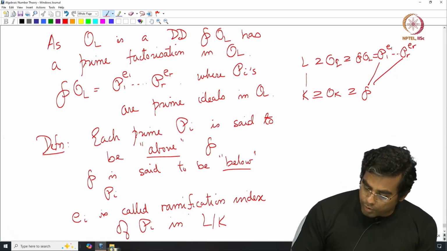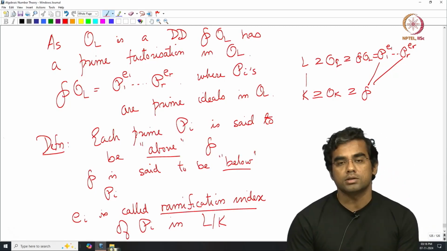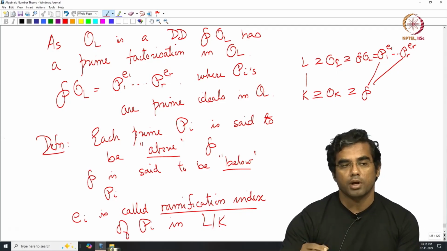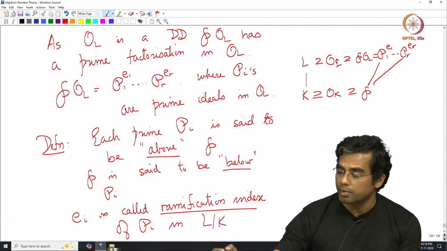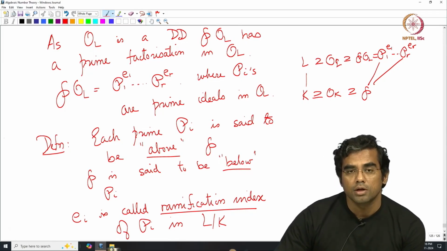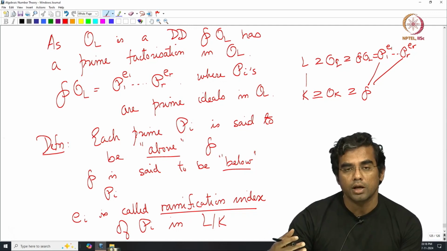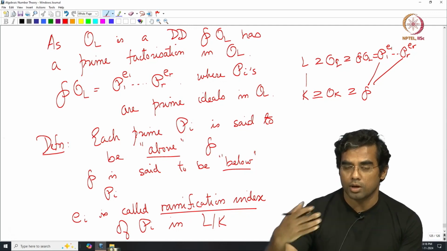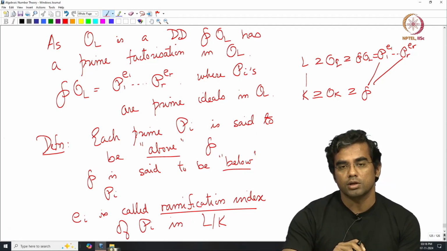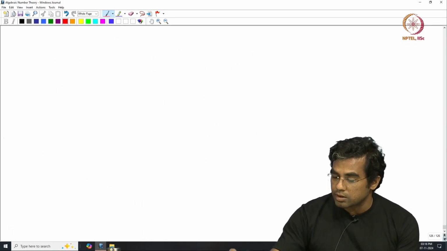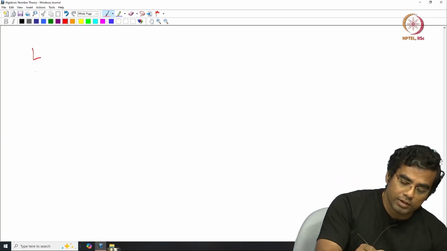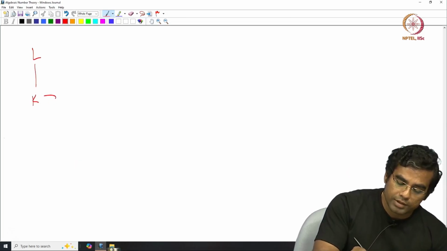So, these are very important invariants: ramification index, a prime above a given prime, a prime below a given set of primes, etc. We will spend most of our time studying how a given prime factorizes in an extension, how to calculate ramification indices, and some other indices that I am going to define now.